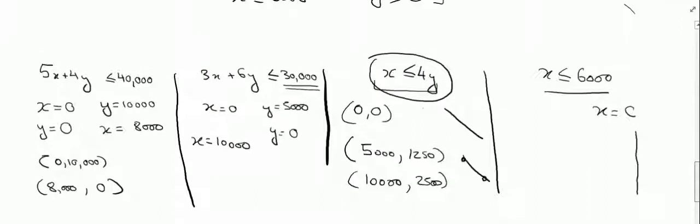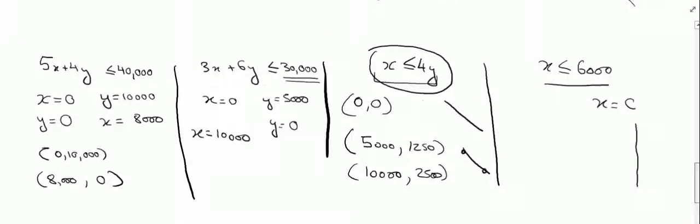Okay, now if I identify all the corner points, I know that one of these points is point A, and A is at the y-axis, and we did calculate its coordinate.